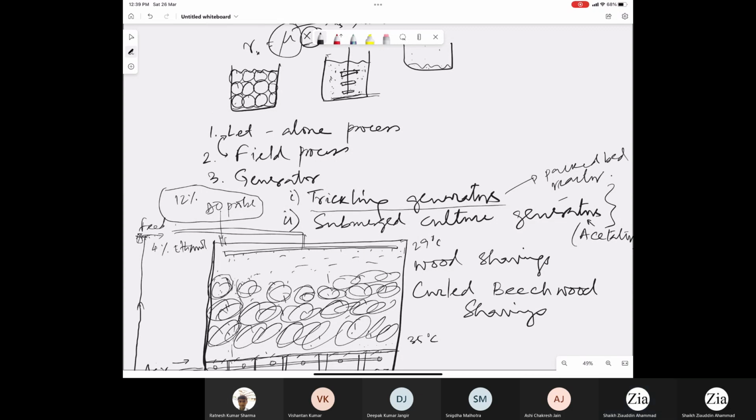You can have better control on oxygen supply. You can have better control on addition or removal of material from the system.